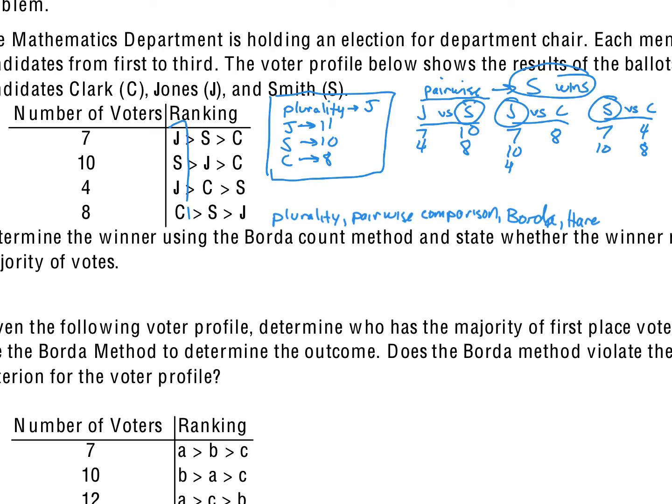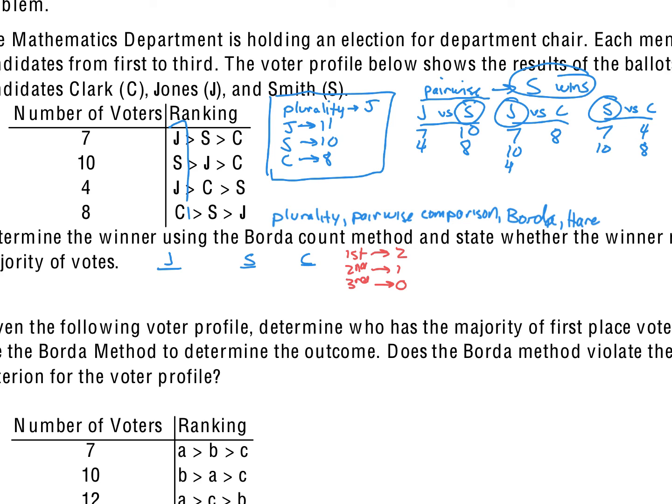Doing the Borda method for each. So we're going to compare the J, the S, and the C. So for this then, because we have 3 contestants, a first place is worth 2 points, a second place is worth 1 point, and a third place is worth 0 points.